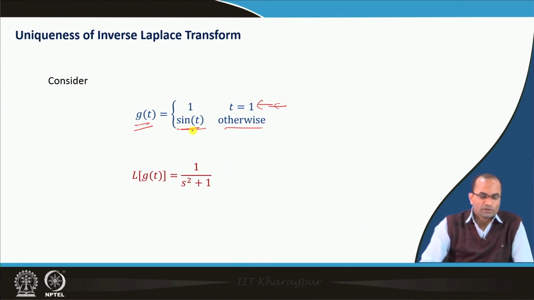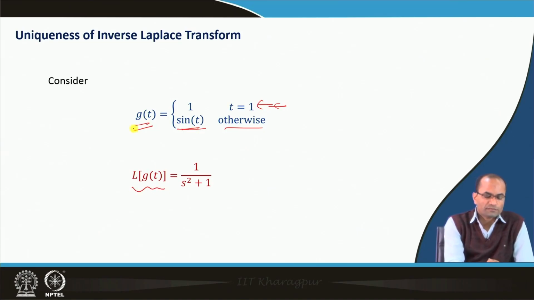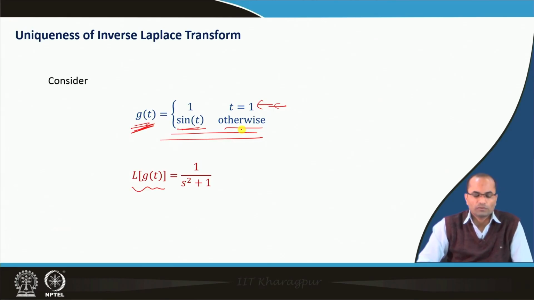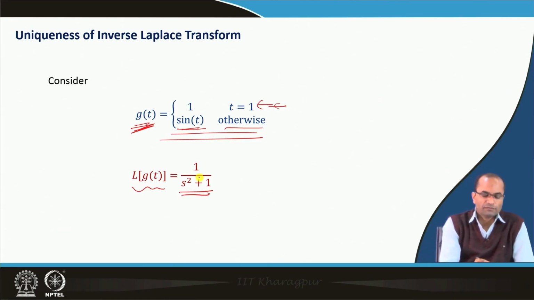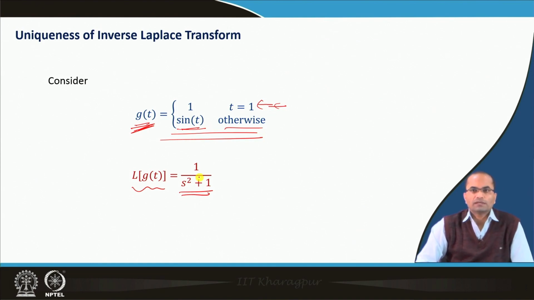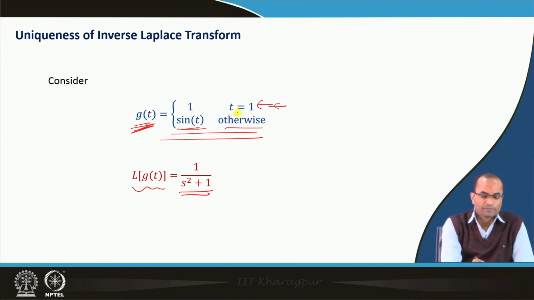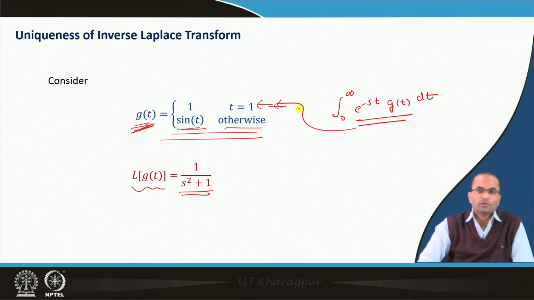If we take the Laplace transform of this g(t), we will end up with 1 over s square plus 1. It is clear because the integral from 0 to infinity of e power minus st g(t) dt does not read the value at discrete points.